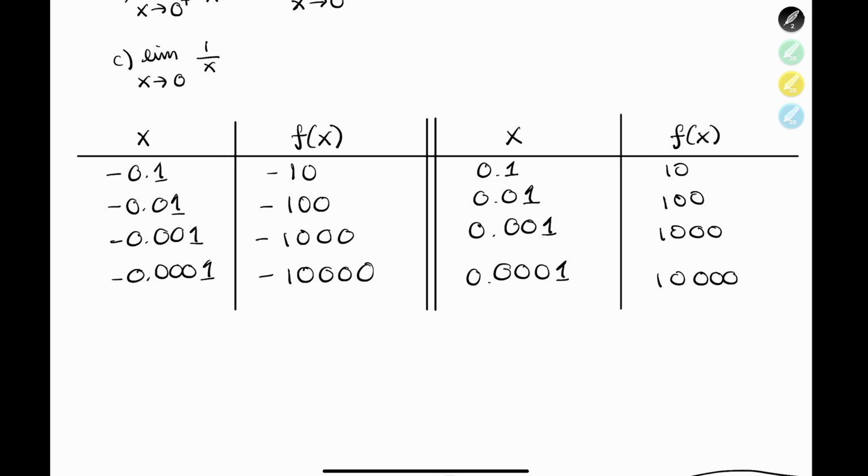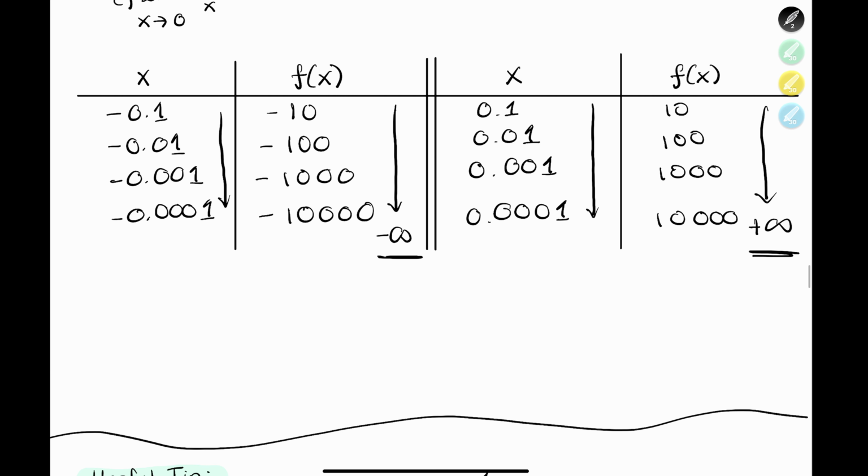So as you can see, as we're getting closer and closer to 0 from the left-hand side, we're getting closer and closer to negative infinity. And as we're getting closer and closer to 0 from the right-hand side, we're getting closer and closer to positive infinity. So as you can see, the left-hand limit is not equal to the right-hand limit.